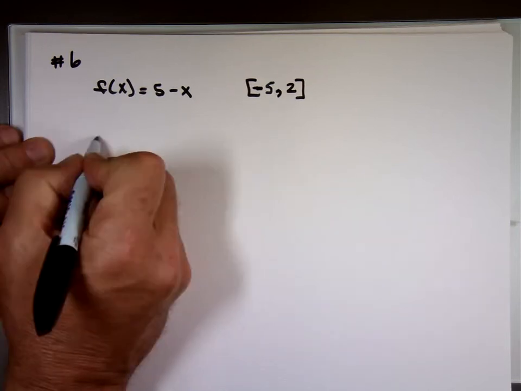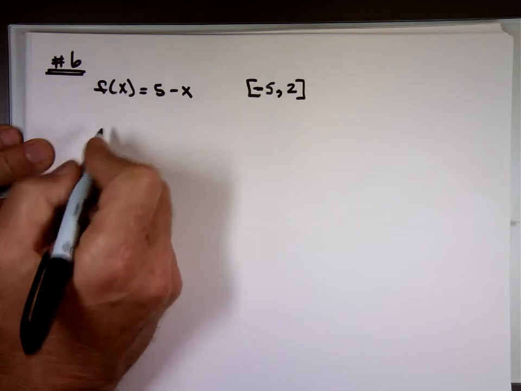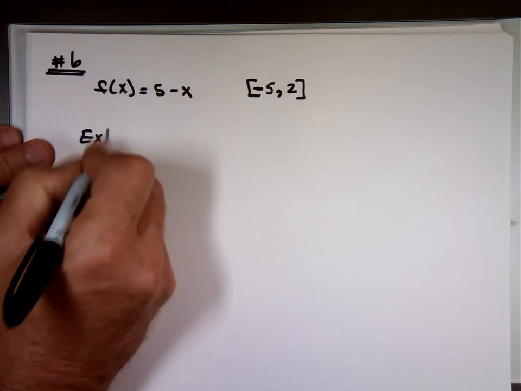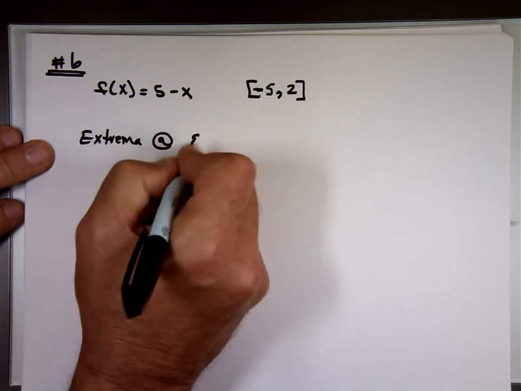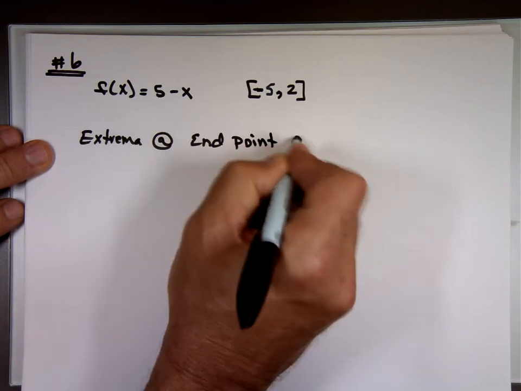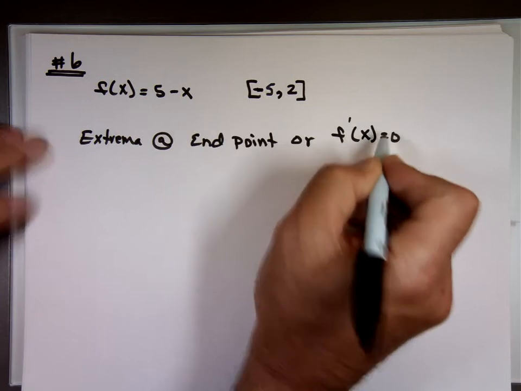Now we need to find, we said the extrema are always going to be where? Either at the endpoints, or where the derivative is what? 0.